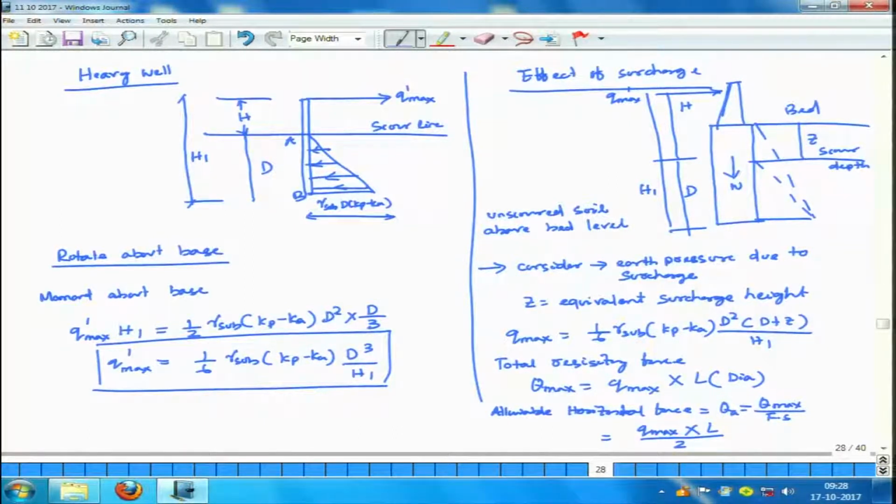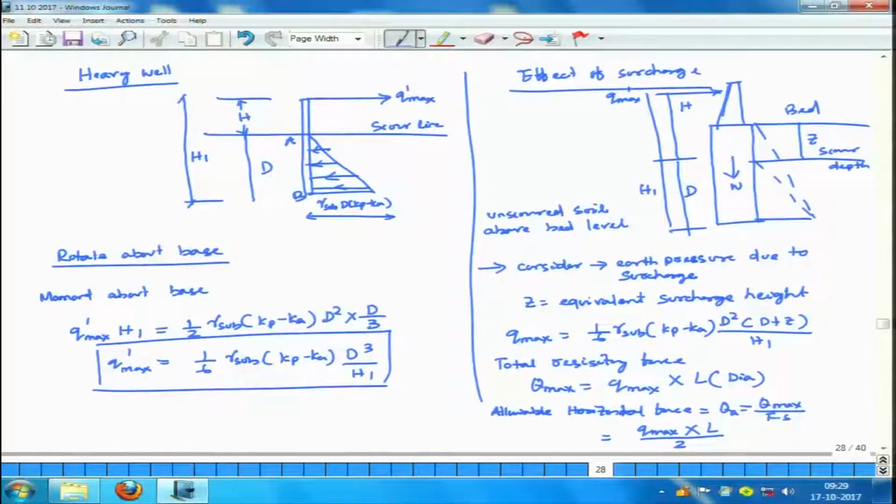Sometimes soil accumulates above the scour level, and its load has been considered as earth pressure due to surcharge. Z is equal to equivalent surcharge height. So, Q maximum I got it.